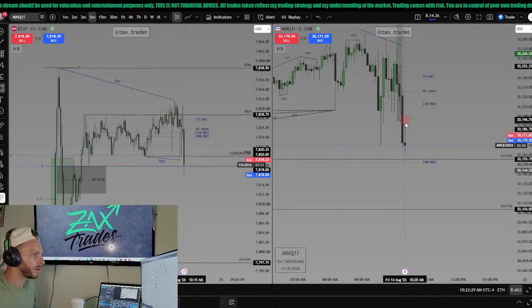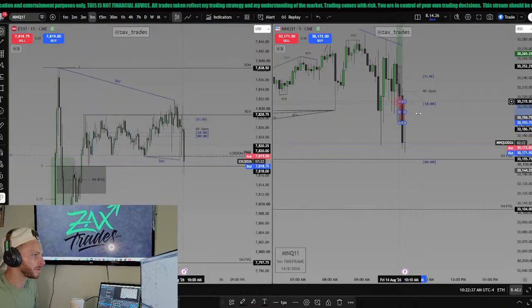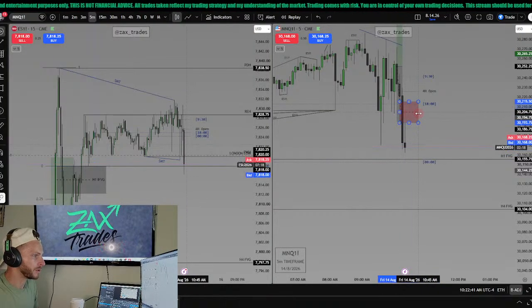Both the indexes seem to be holding. All right, so we will potentially open up a little 5 minute FEG in here. Okay.